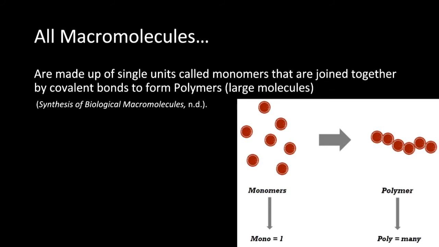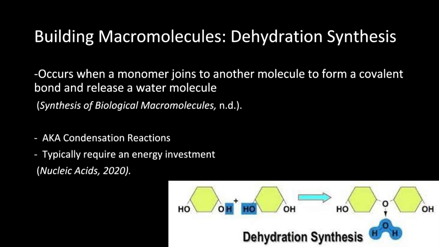They are all macromolecules. They are made up of single units called monomers that are joined together by covalent bonds to form polymers, which are large molecules. So how is this macromolecule built? It is through the process of dehydration synthesis. It occurs when a monomer joins to another molecule to form a covalent bond and releases a water molecule.